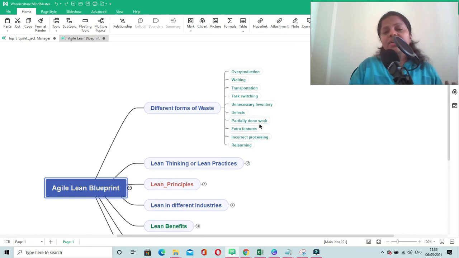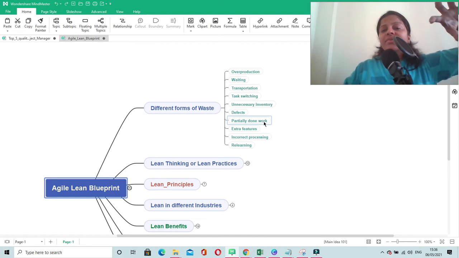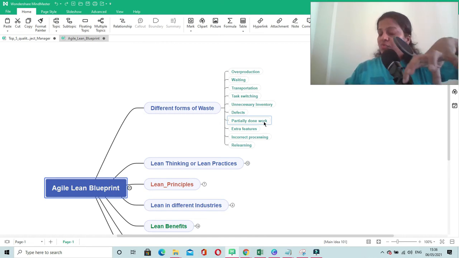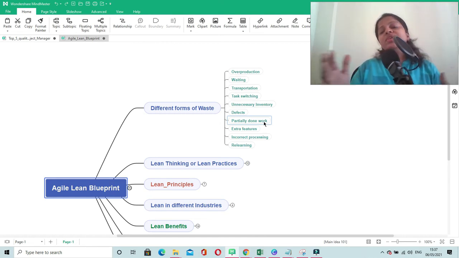Partially done work. If some of the work is partially done, that is also counted as a form of waste. So what you should be doing is, instead of keeping 4 to 5 partially done works aside, you should think of completing one task fully and then you switch to another task.